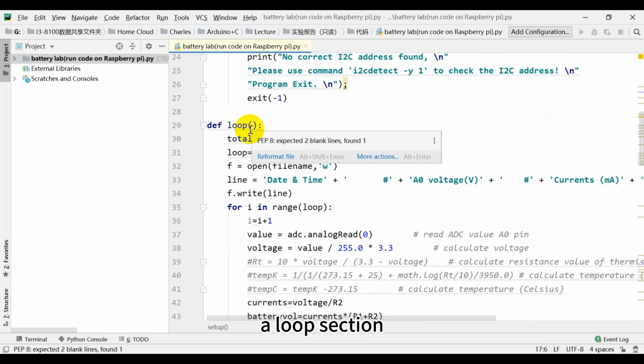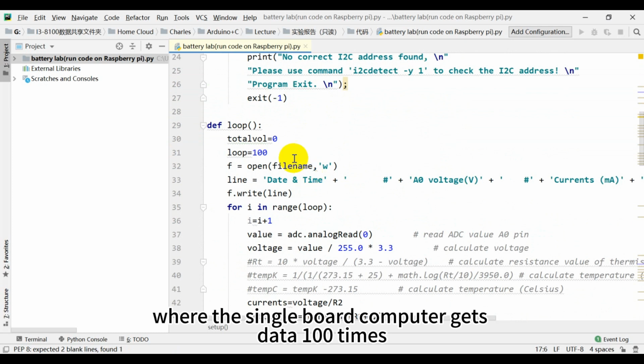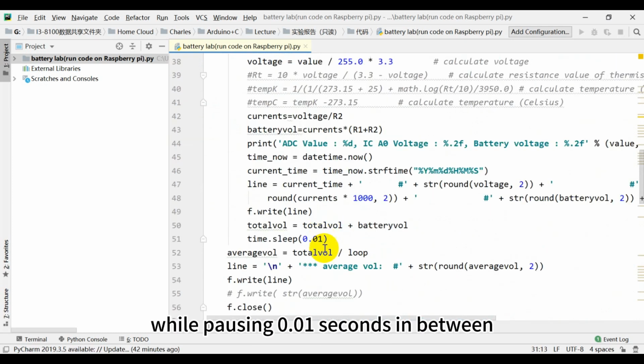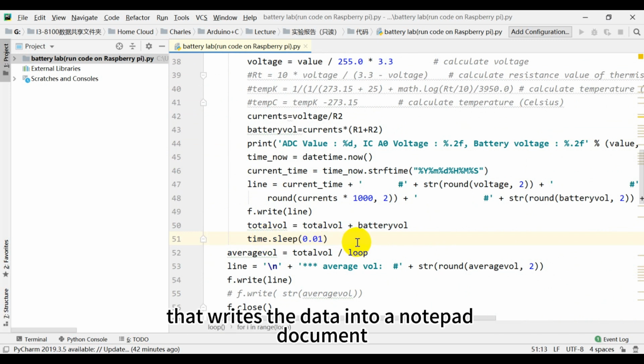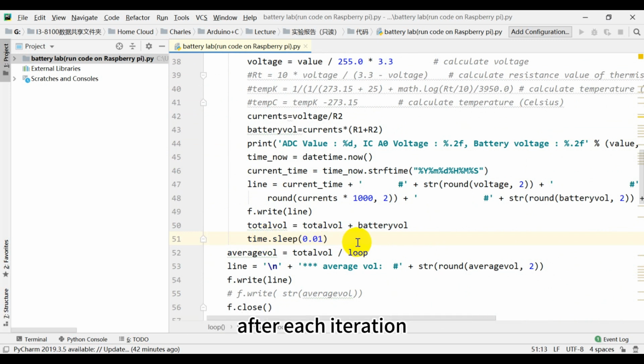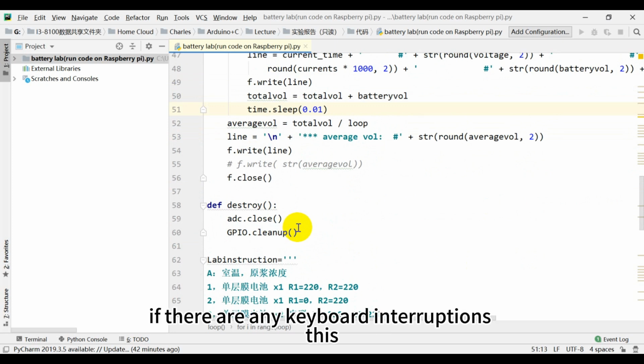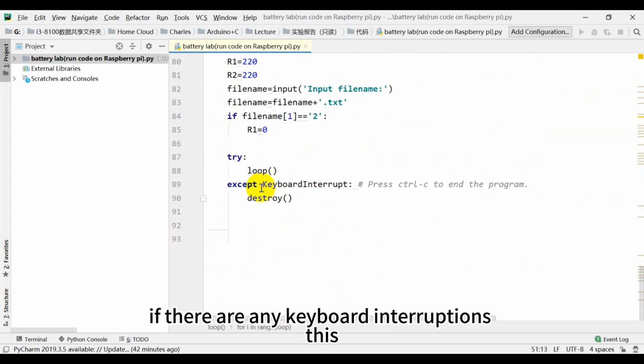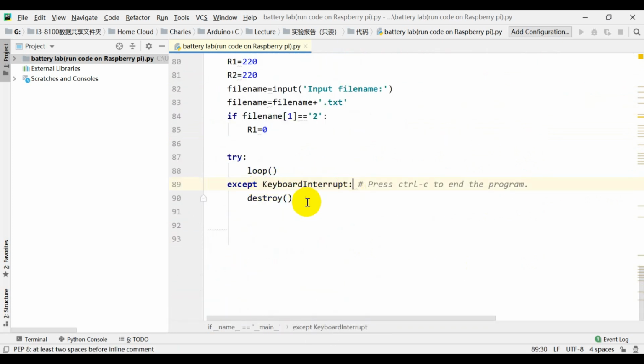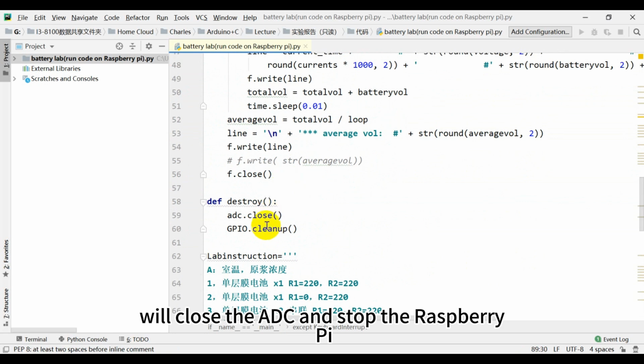A loop section where the single board computer gets data 100 times while pausing 0.01 seconds in between. It writes the data into a notepad document after each iteration. Lastly, there is a destroy function that is initiated if there are any keyboard interruptions. This will close the ADC and stop the Raspberry Pi.